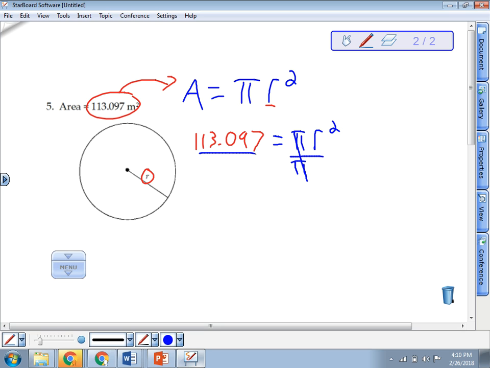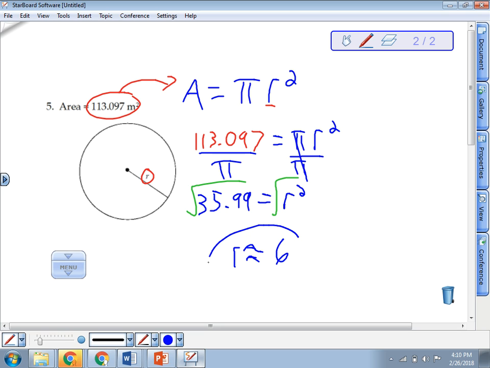Remember, pi is a value, so we can give that to the other side. When you do that, you're going to get 35.99 equals r squared. Well, I want to find r, so remember, just take the square root of each side. So r is going to equal, approximately 6.